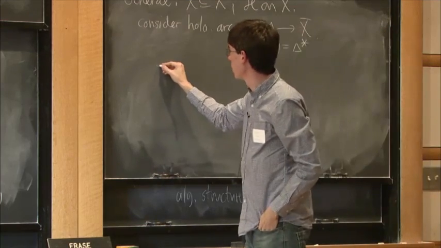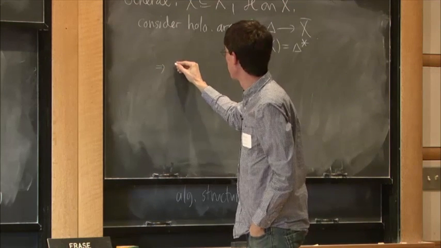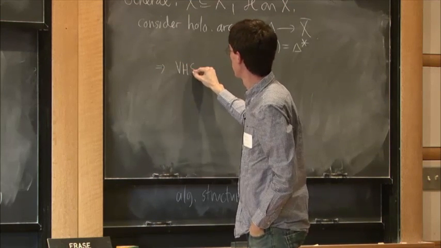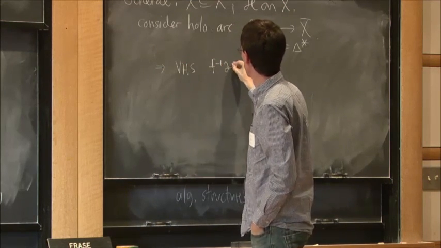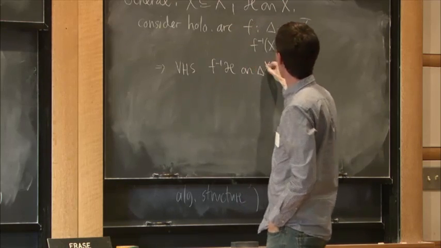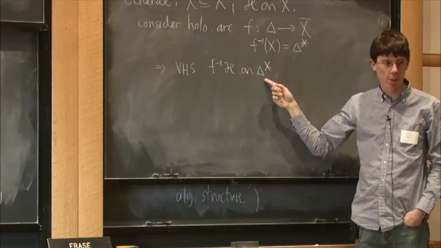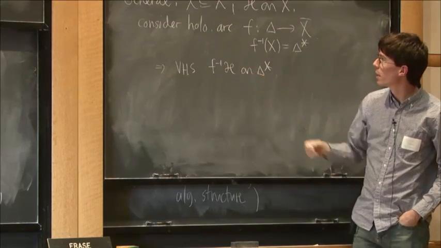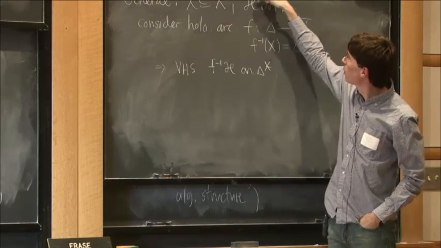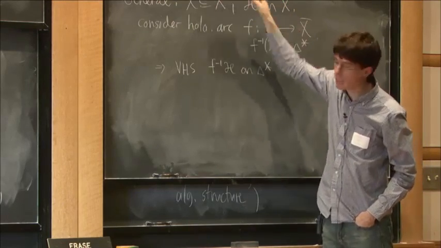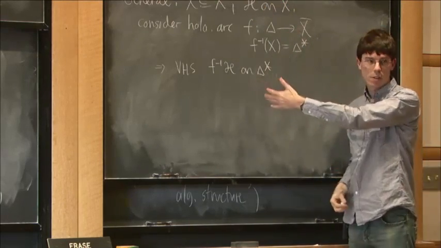And so then I have this VHS that I'll call F inverse H on delta star, by just pulling it back from X. And so I have limit Hodge classes for that in that sense. And so a limit Hodge class for this variation on this X bar is just going to be one of these sort of things.